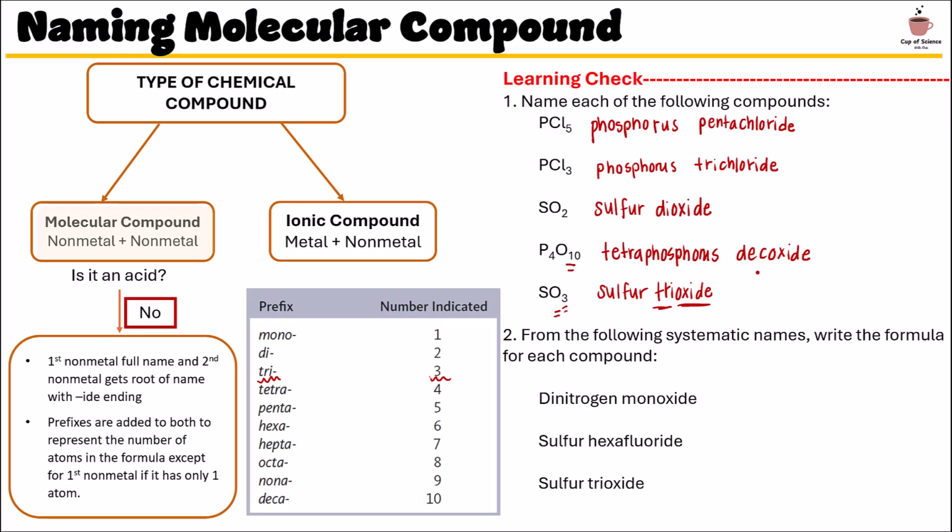But when it comes to this one, the one above it, this is deca, right? And the rest of the oxygen is oxide. So what happened to the A?